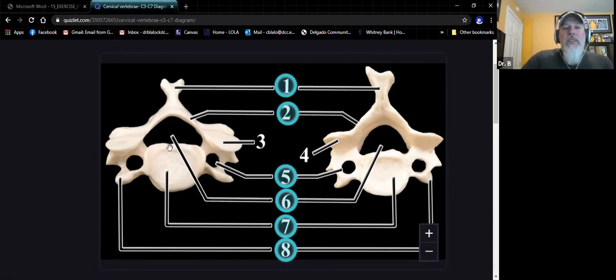Now, number 7, okay, that is our vertebral body. And number 8 is just pointing to those 2 transverse processes like we mentioned before. Now, another way you can tell the cervical vertebra is that their spinous process is typically bifurcated, okay, which means it has 2 points to it. So that is the bifurcated spinous process. You just have to put spinous process. I'm just pointing out that bifurcation.